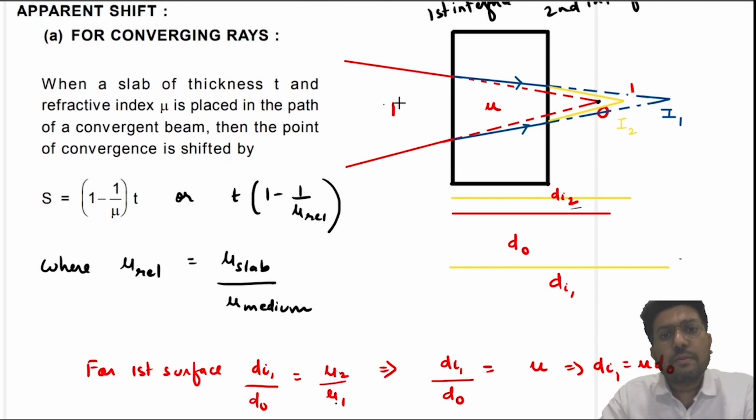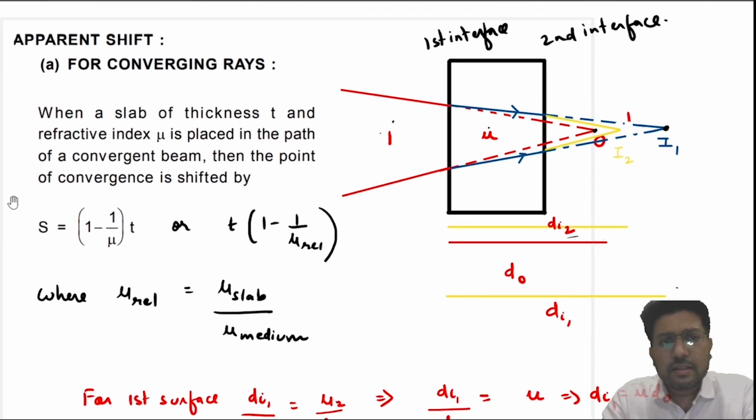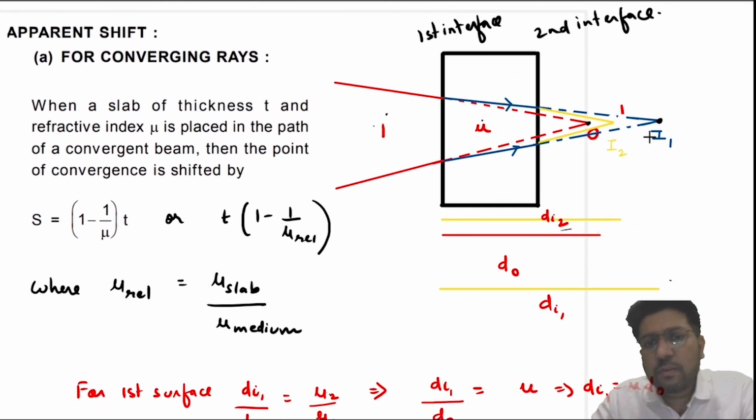Because here light is traveling from a rarer to denser medium, it is bending towards the normal, and that is why the image formed is here. That is the image from the first interface. This ray wanted to intersect at this point, but again the second interface came, so I1 acts as the object for the second interface.